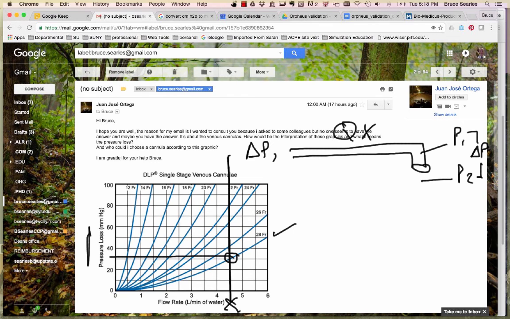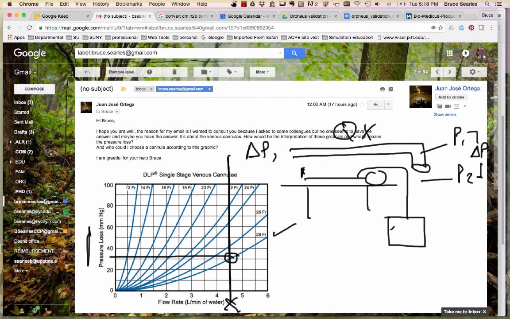So which of all these should you select when you are picking your cannula? The delta P is based on the average height of the human being. If you've got a patient laying on a table, and that table has legs, and you have an average size surgeon standing next to that, then the distance from the patient on a table to your reservoir is going to be about 50 centimeters.